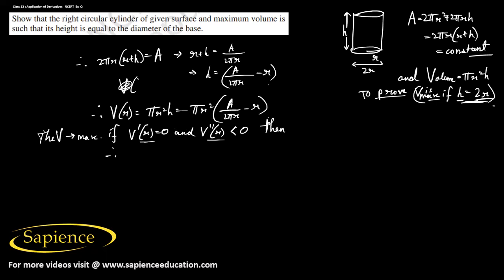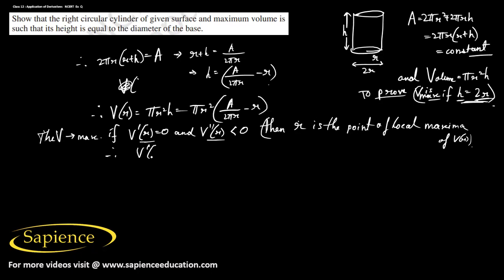So we can say that r is the point of local maxima of the function v of r.